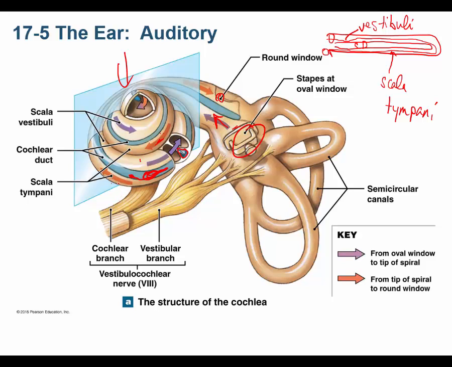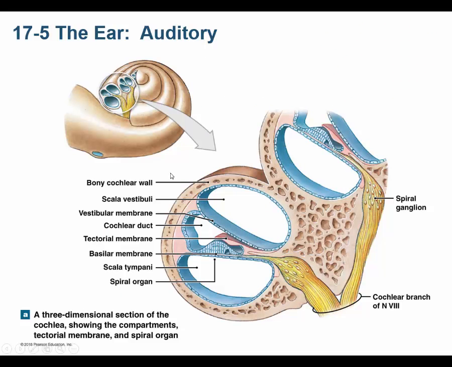All right, now I told you how the sound wave goes through this perilymph from the oval window to the round window, but I haven't told you how you hear yet. Getting there. This is the cochlea cut, and what you're looking at is the cochlear duct right here. That's the cochlear duct. This is the scala vestibuli, and this is the scala tympani. Remember, the scala vestibuli is carrying the sound wave inward, and the scala tympani is carrying it outward.